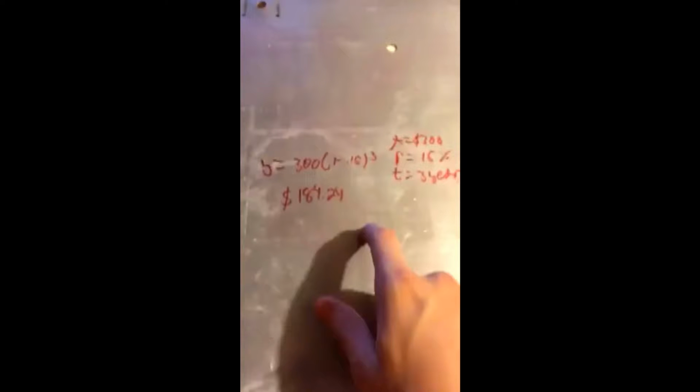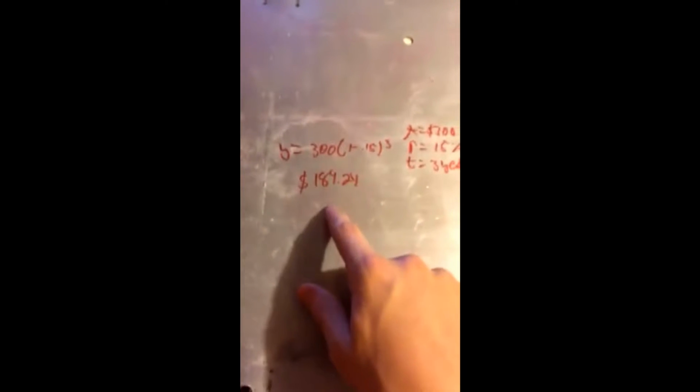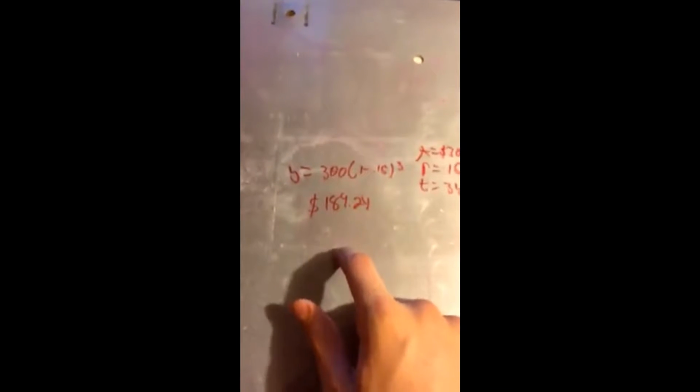Or if you decide to give some away, or you lose some, this is how much you will end up making or losing with your investment. So you end up losing $116 with your investment.